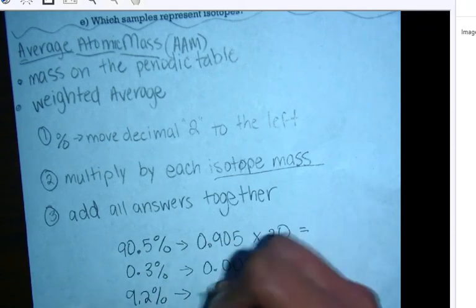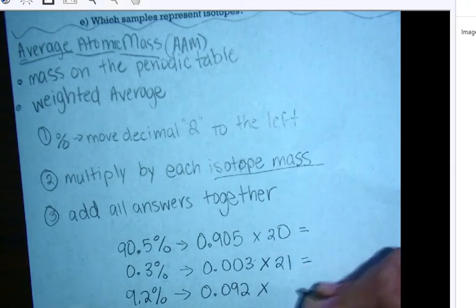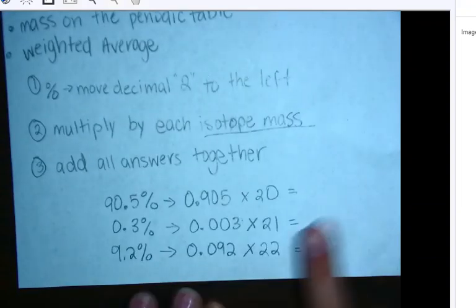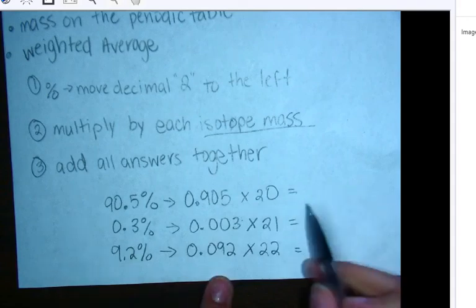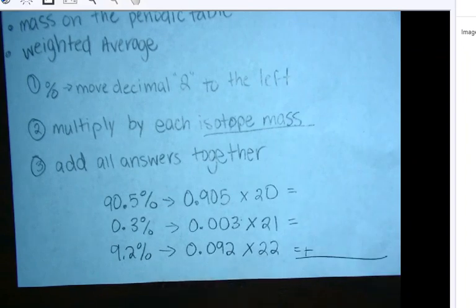So we're going to change that to 0.092. We're going to multiply that by its mass, 22. I'm just trying to speed through this real quick. You basically would get each of these answers, and what would you do with all of those answers together? We would add them up to get our final answer, okay?